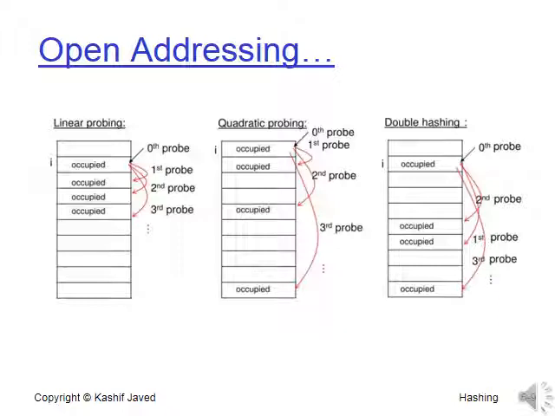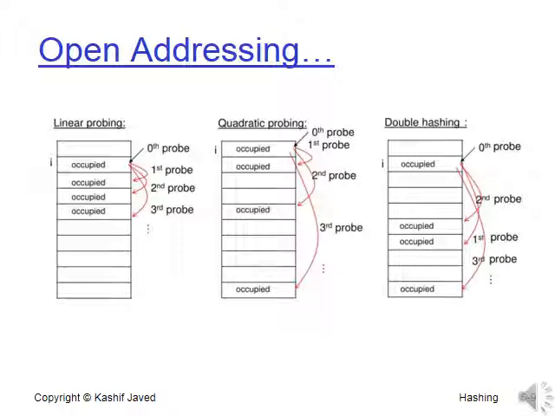The double hashing function checks for empty cells by adding values of a second hash function to the first primary hash value.